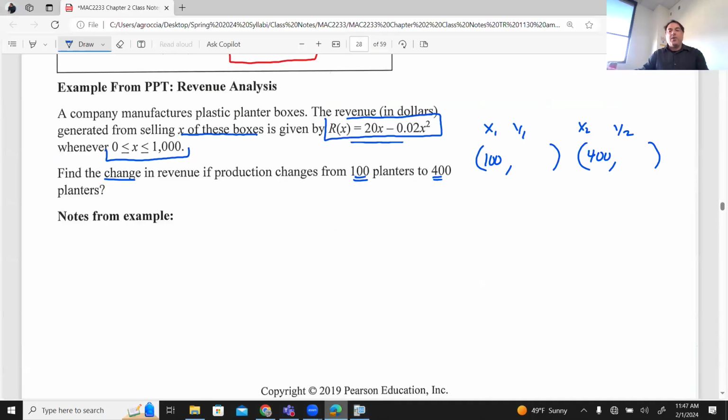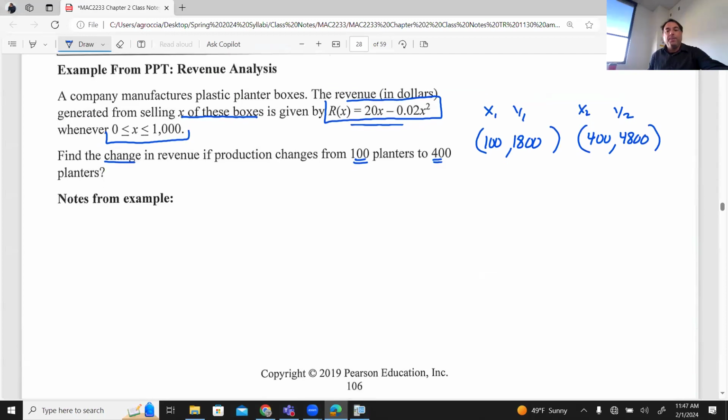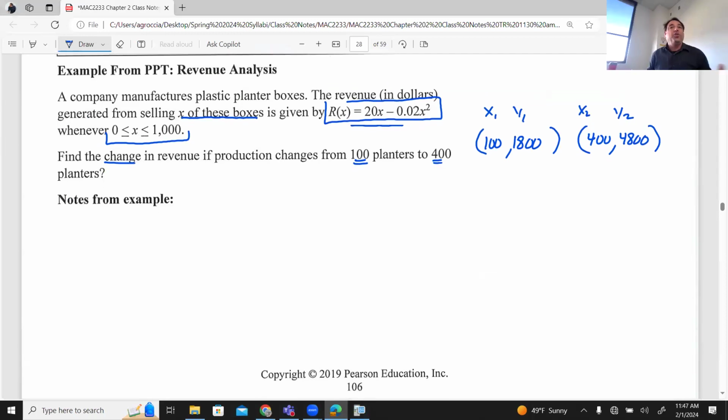So I now have my 2 points. 100 planters gives me a revenue of 1,800. 400 planters gives me a revenue of 4,800. Now, we're going to do this problem basically 3 ways, but we should get the same answer all 3 ways. The first way is using the formula we know, y2 minus y1 over x2 minus x1.